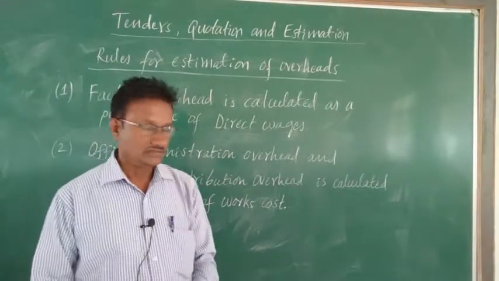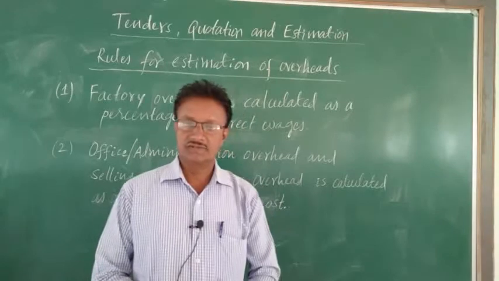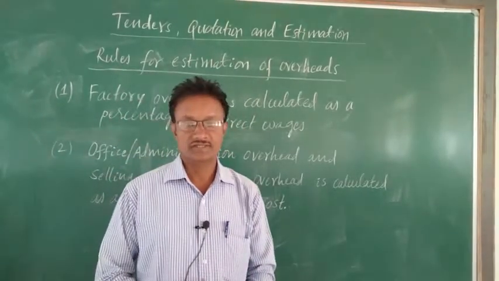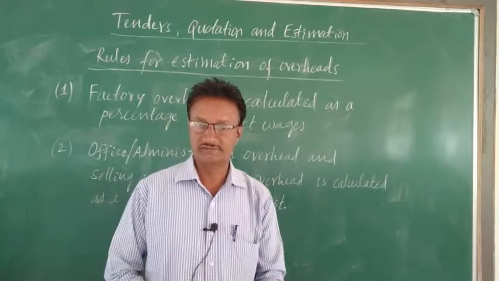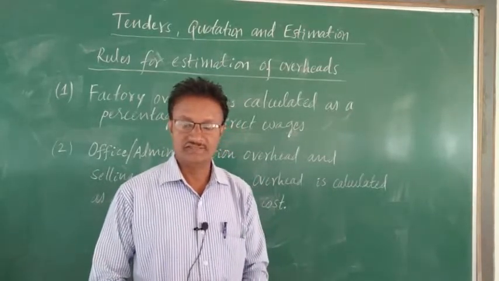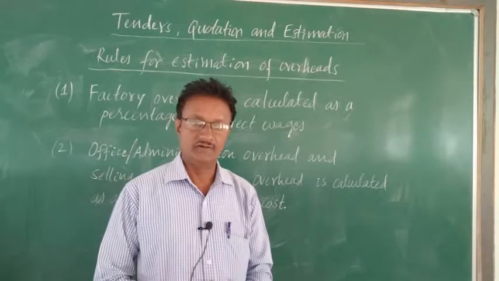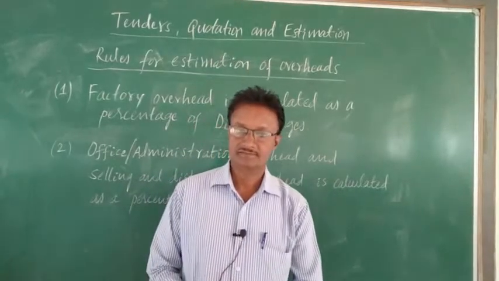Next, quotation. Quotation is also a statement of price at which goods are agreed to be supplied or also work order is to be executed, and which is quoted for an enquiry made by the buyer.